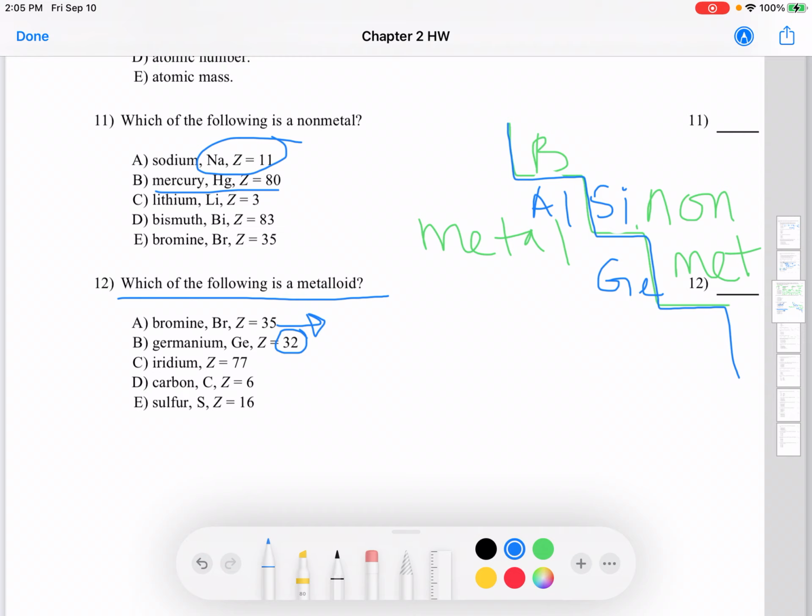And iridium being 77, it is again on the left side of the zigzag line. Carbon, atomic number 6, is on the right side, and sulfur is again on the right side. So find out which one falls along this zigzag line, so then you can see which one is the metalloid.